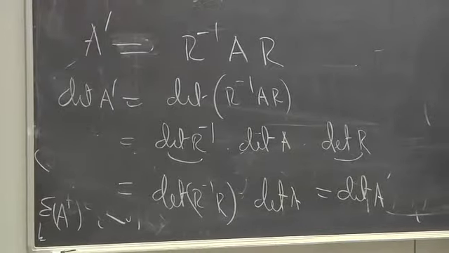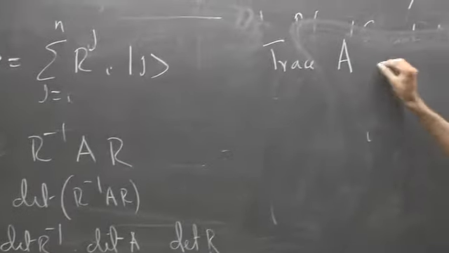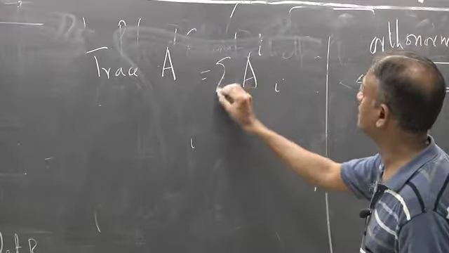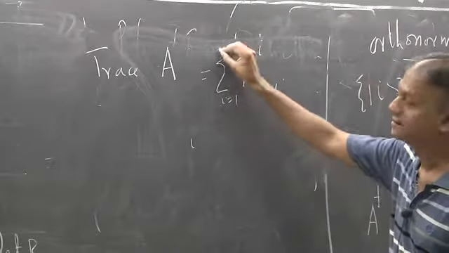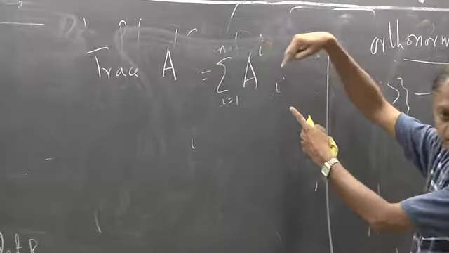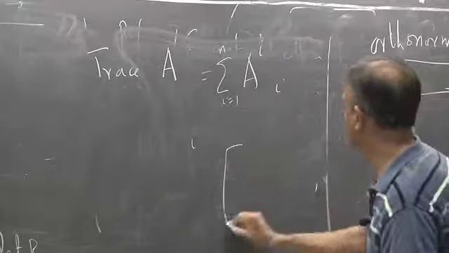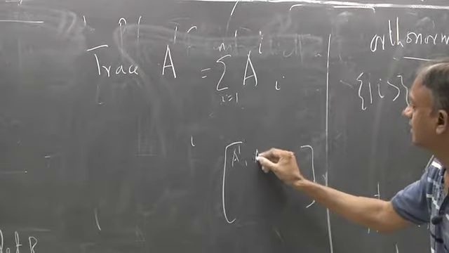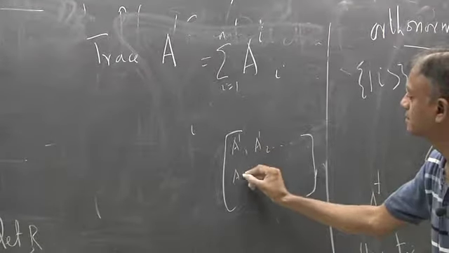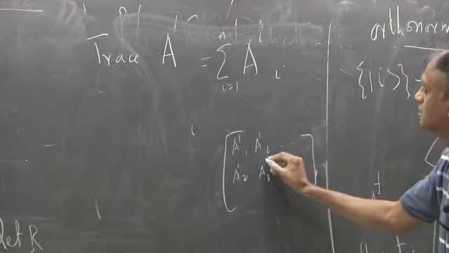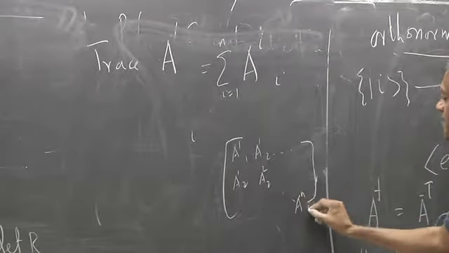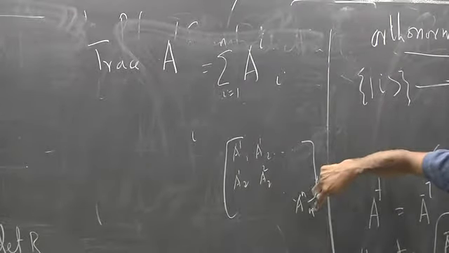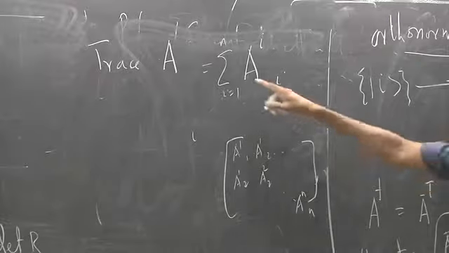The trace of A is by definition simply A I I summed over I. Remember A1 1, A1 2, etc., A2 1, A2 2, and finally up to A N N. So what this means is just take the diagonal and add the diagonal entries up. This is also invariant. Why?